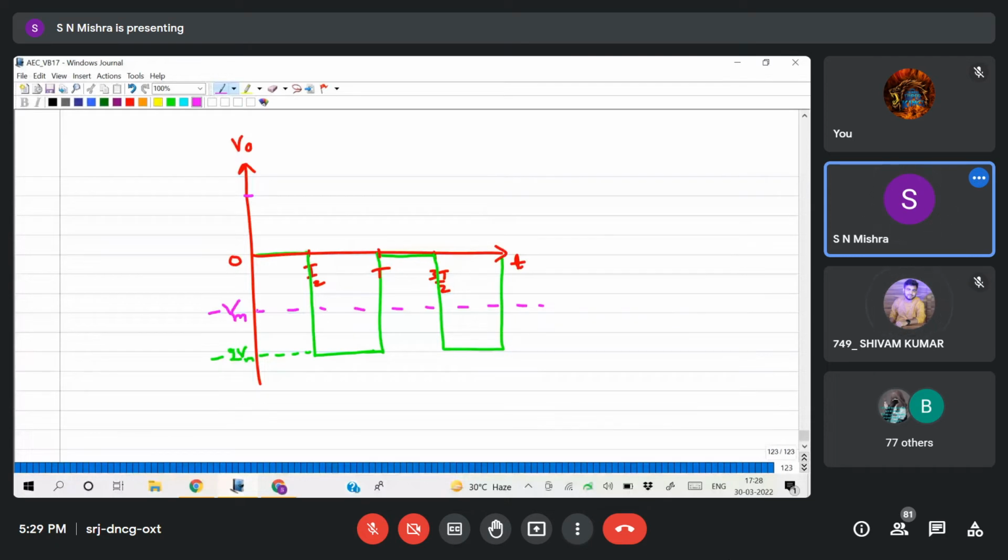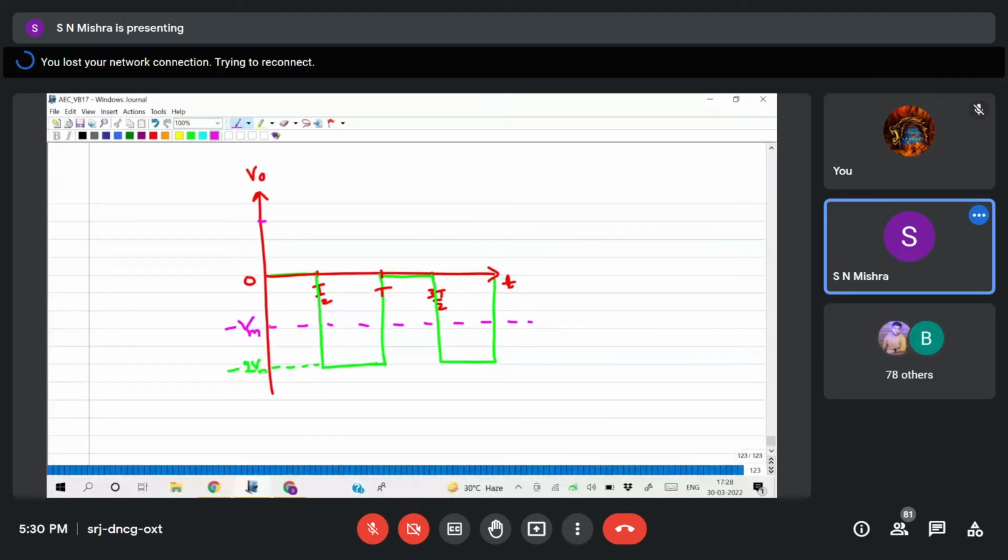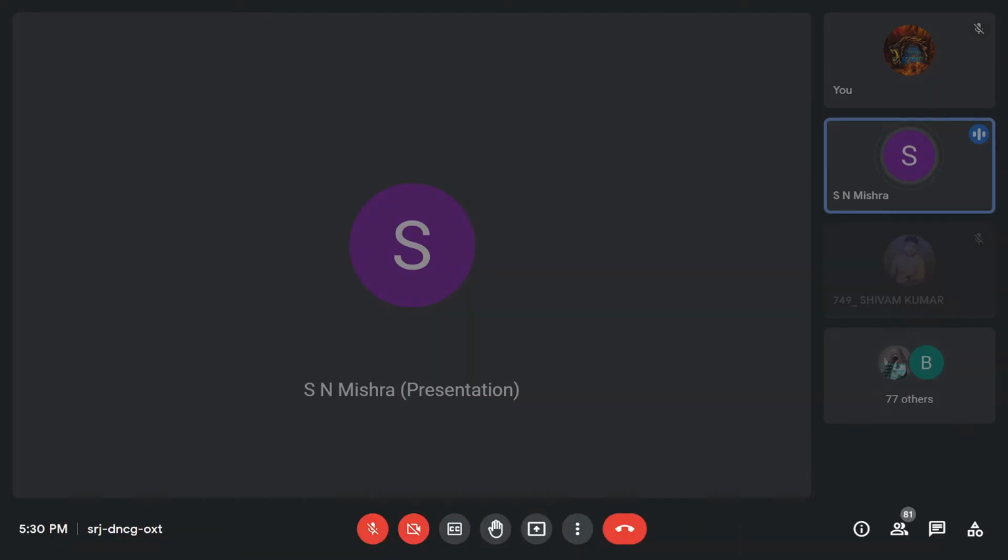Yes, V plus and minus Vm. That is 2Vm. Now here in the output we have got 0 and minus 2Vm, that is upward or downward. So that level is upward or downward. Understood?